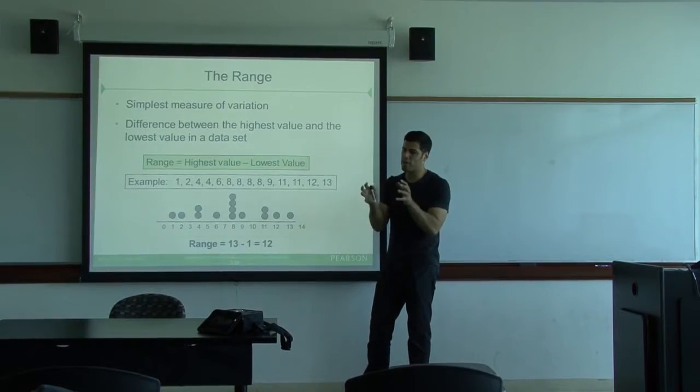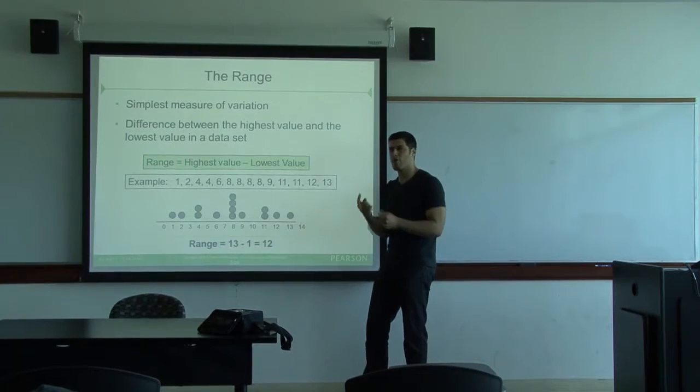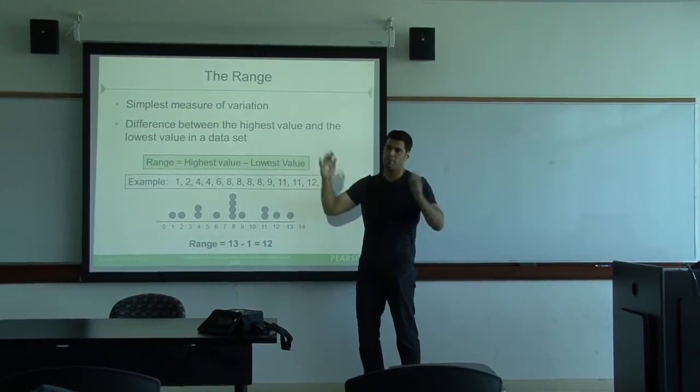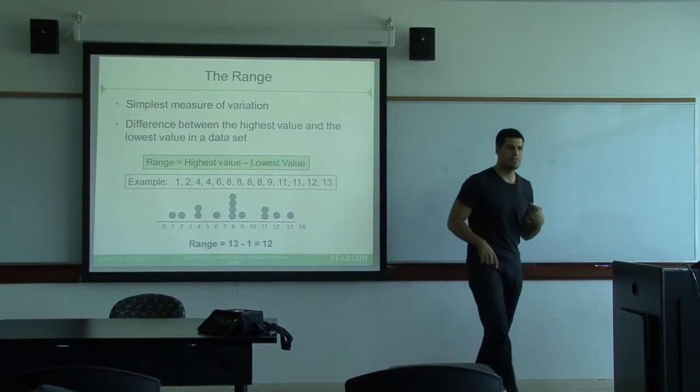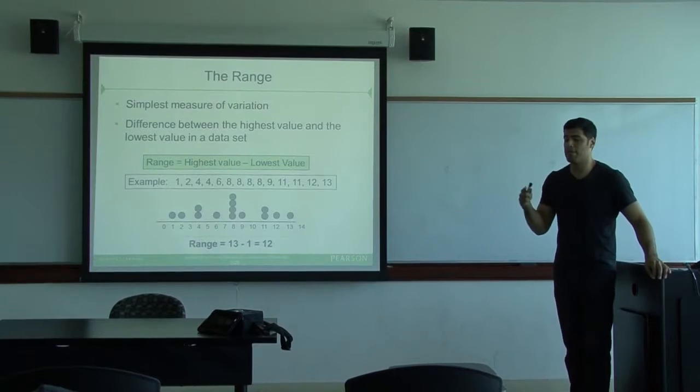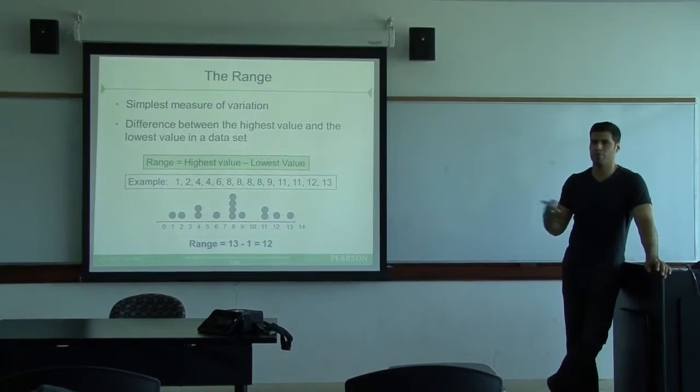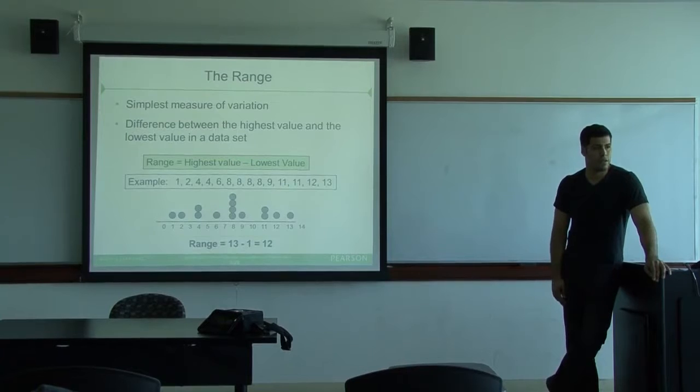The data points are very close to each other, but just because you have one extreme value, your range blows up. So you have to be really careful about using the range. It is simple and easy to do, but you want to use it whenever you don't have extreme values, whenever you don't have outliers. Because if you have outliers, that's going to give you a misleading measure of dispersion or variation, okay?